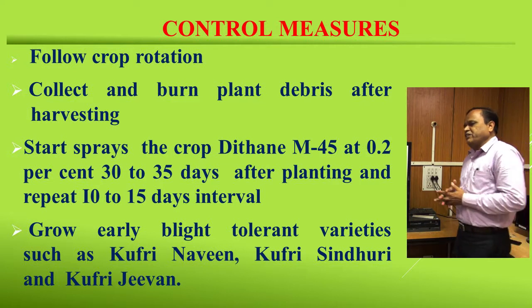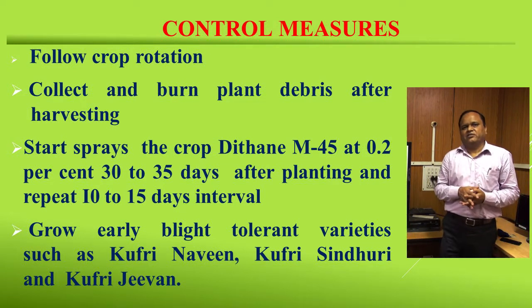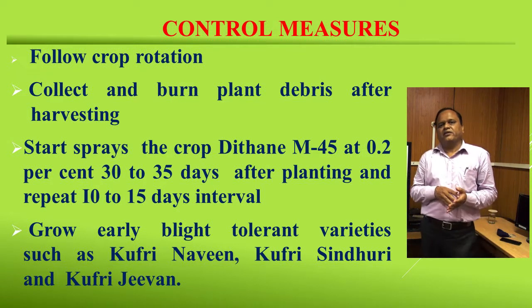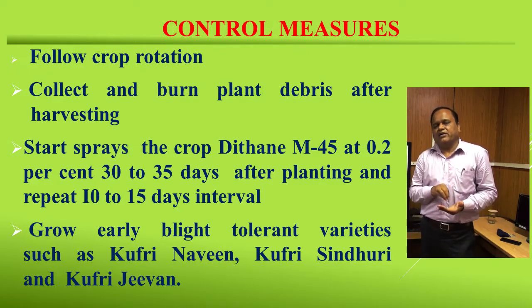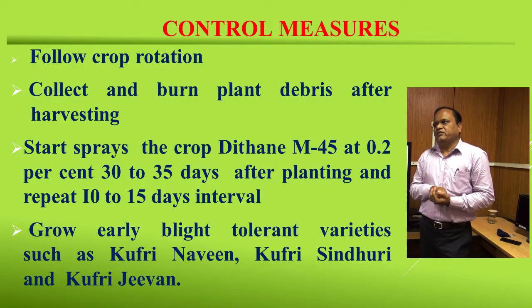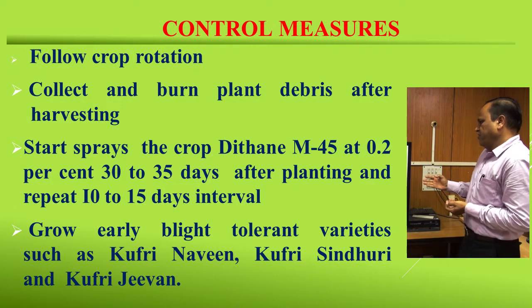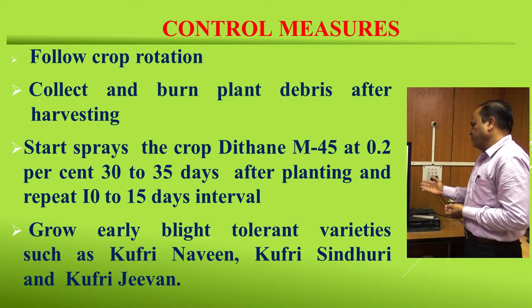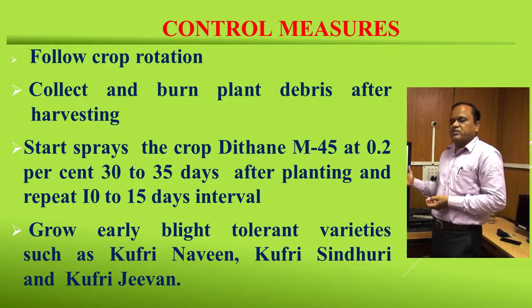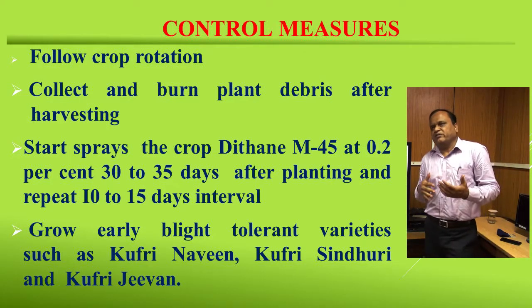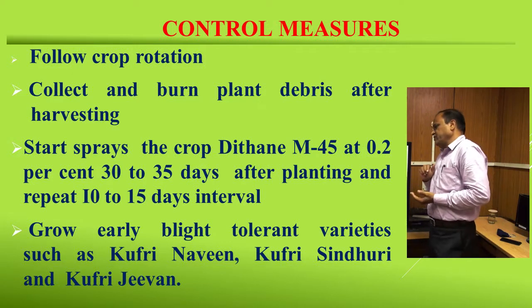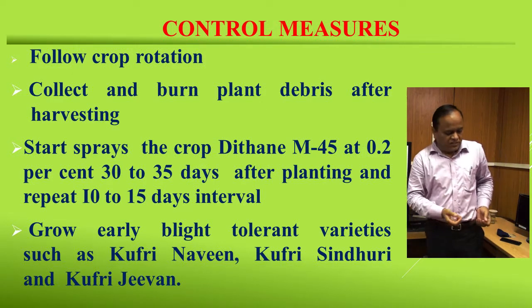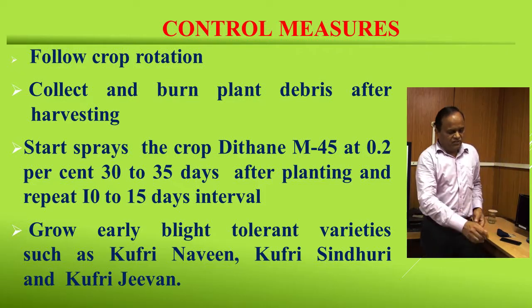It is very advisable for the farmers to try to get early blight tolerant varieties like Kufri Naveen, Kufri Sindhuri and Kufri Jeevan, so that the disease does not appear in the field and you get the desired yield.